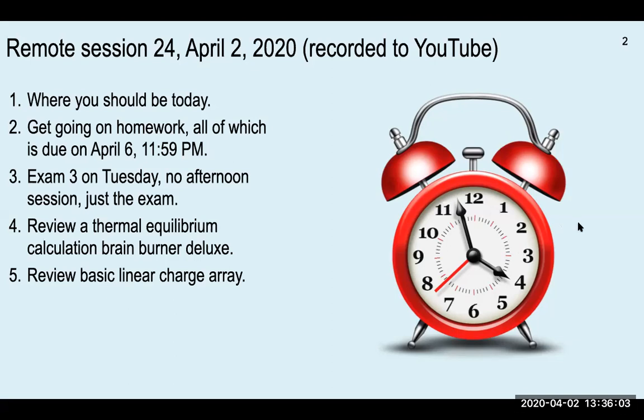One new message. Let me look at this. Okay, here we go. How long would we get for the bonus nugget? I haven't decided, maybe 15 or 20 minutes, something like that. I'll make the bonus due a little bit later. The regular part of the exam will be due at 11:59 on a Tuesday night.